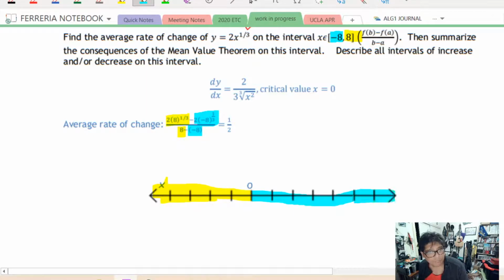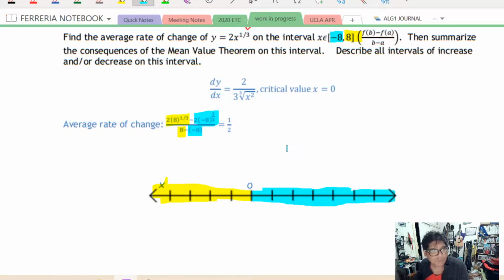Okay, test points that you can use, negative 100 and positive 100. Actually, interesting. We only have to go from negative 8 to positive 8. So we really should find a number between negative 8 and 0. And I think if we use negative 1, that might work.